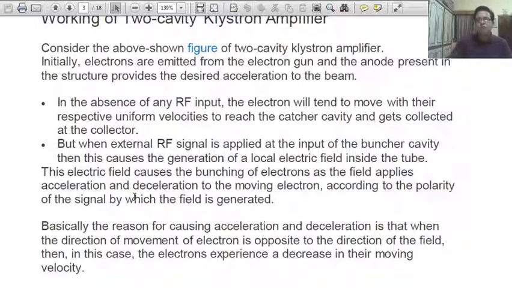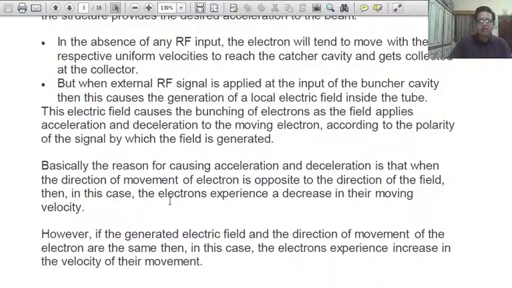Point to be noted, this electric field causes the bunching of electrons as the field applies acceleration and deceleration to the moving electrons according to the polarity of the signal by which the field is generated. It depends upon the polarity of the signal, that is positive or negative, acceleration or deceleration.